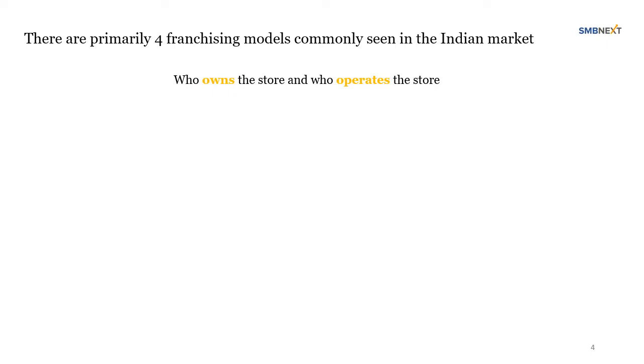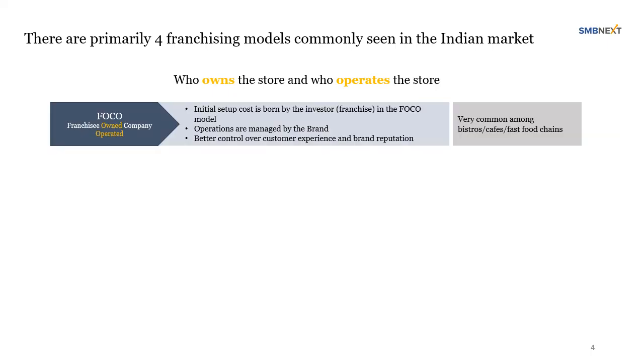So let me start with the first model, which is the FOCO model. FOCO stands for franchisee owned and company operated. So imagine a store. In our example, let me just extend that example of Fab India. If I am the business partner, if I am the franchisee, it means that I am owning the store.